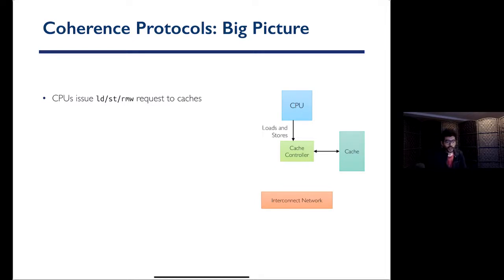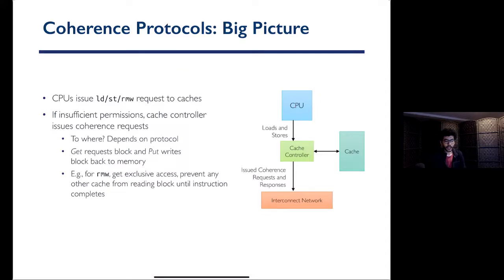Now, your cache controller then is going to issue a coherence request. So that's where cache coherency is going to kick in. Depending on the protocol, your cache controller is going to issue the request using whatever operations are available.